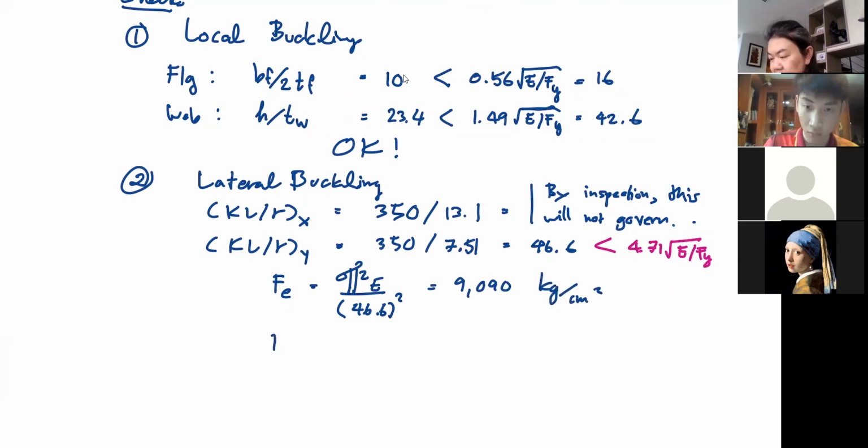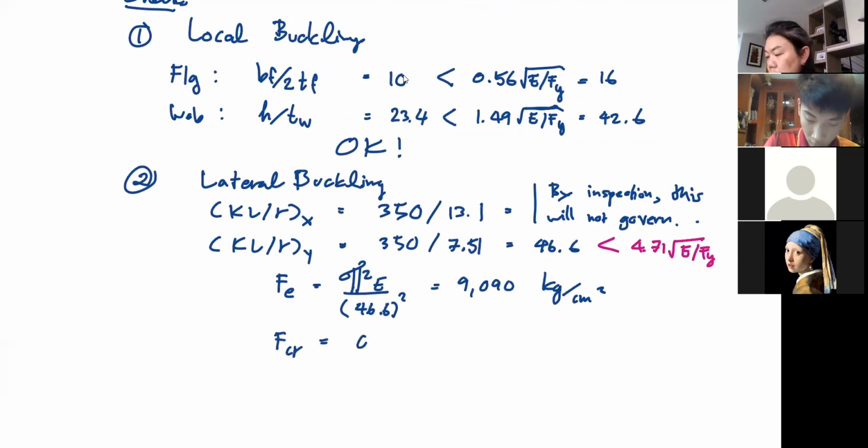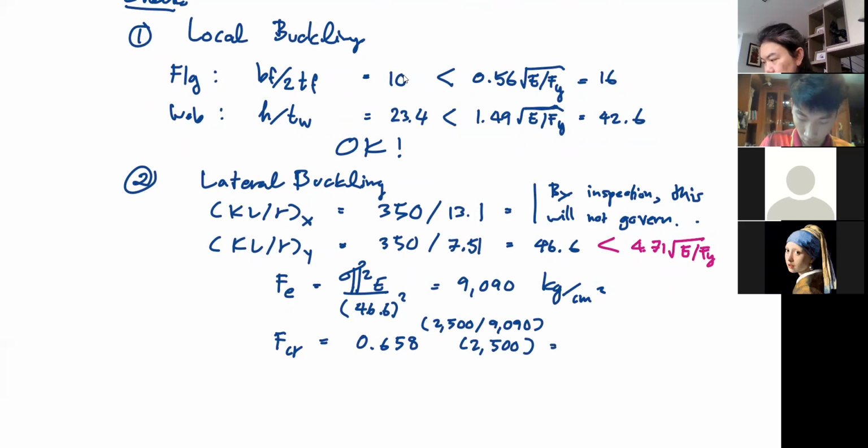And therefore the F critical will be equal to 0.658 to the power of Fy divided by Fe, multiplied by Fy in the end. And this is 2230 kilogram per square centimeter. Notice that it's pretty close to Fy.